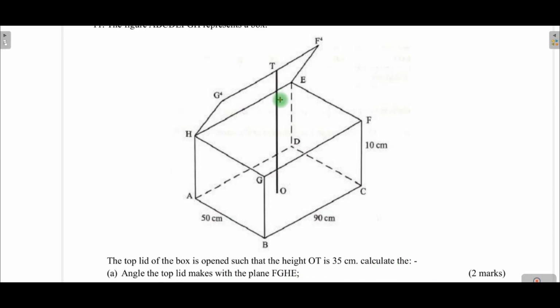So the top lid is open such that OT is 35 centimeters. And therefore, if it is open, let me consider this point here. We need to find the angle that the plane FGHE makes with the top lid.